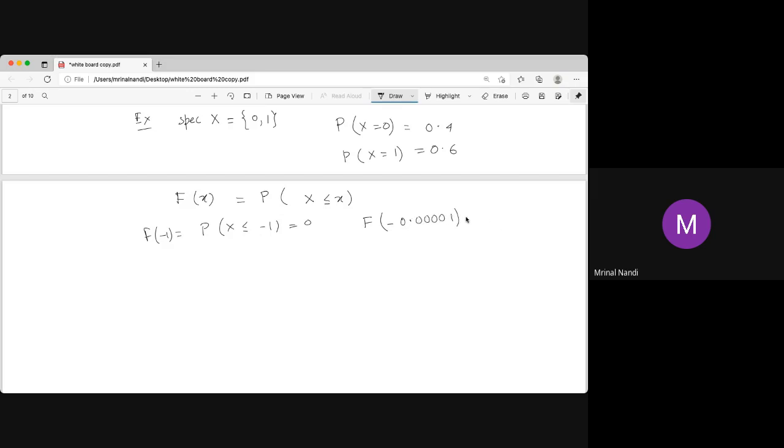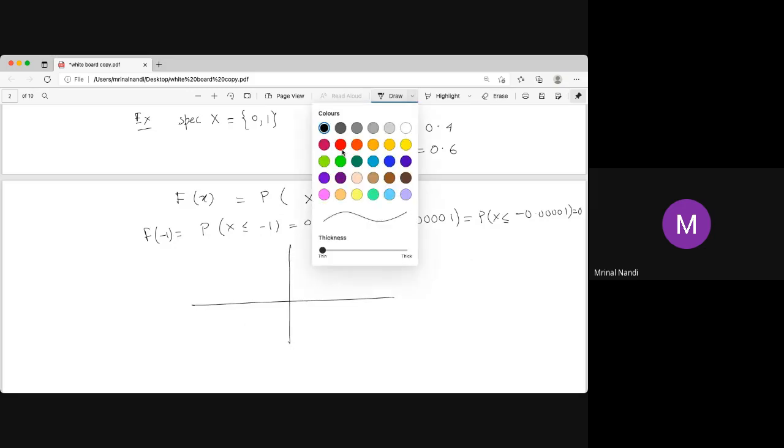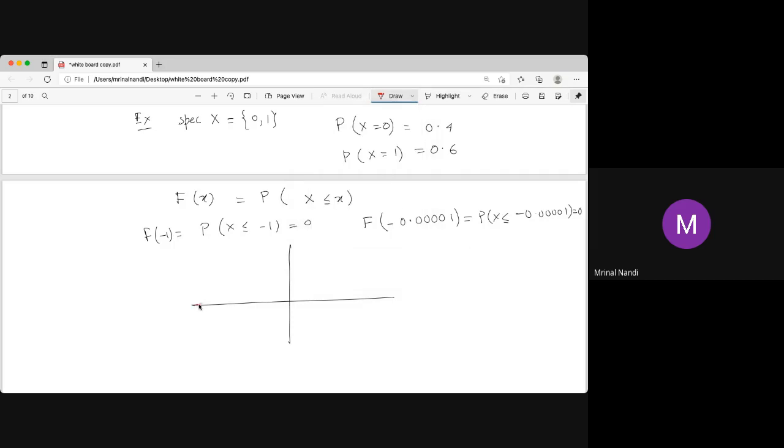Again it is the probability of X less than minus 0.00001, which is again 0, because it's just less than 0. So what is the graph of the function? Here for each negative value it is 0, and this is just open.